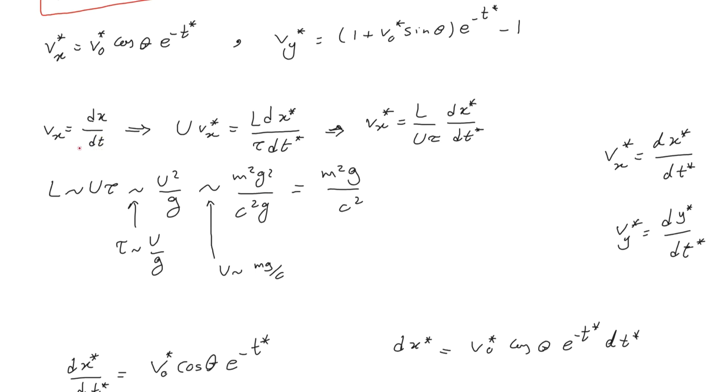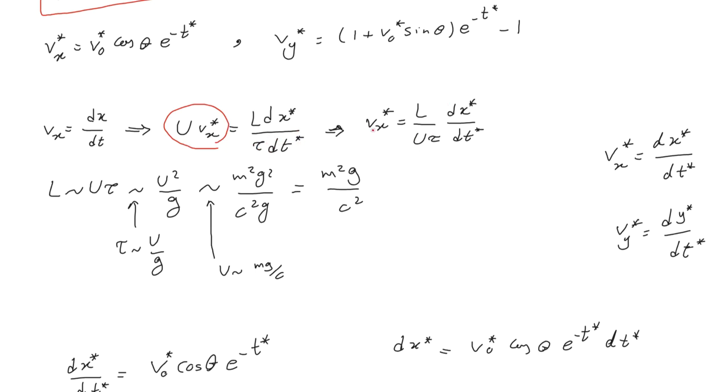So we want to use the same typical scales to write a dimensionless equation. So Vx is again like before, U Vx star. dx we write L dx star, we don't know L yet, right? And dt is tau dt star.